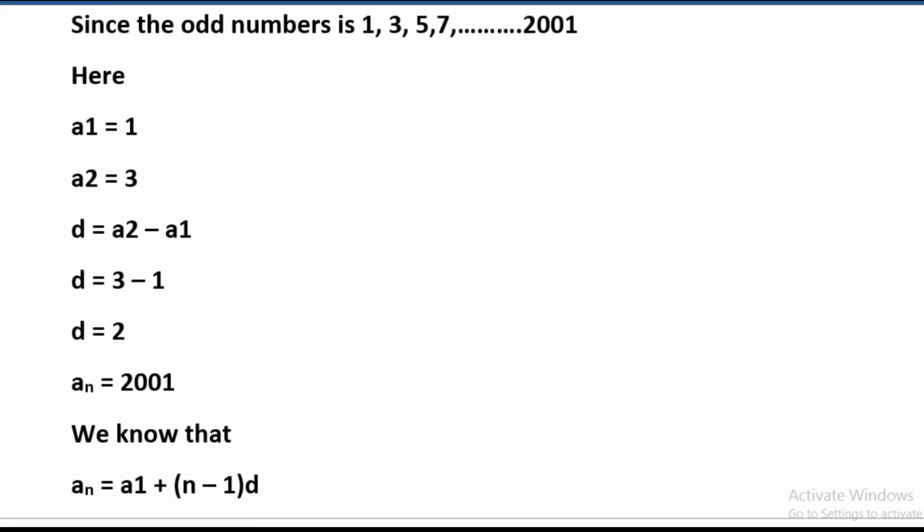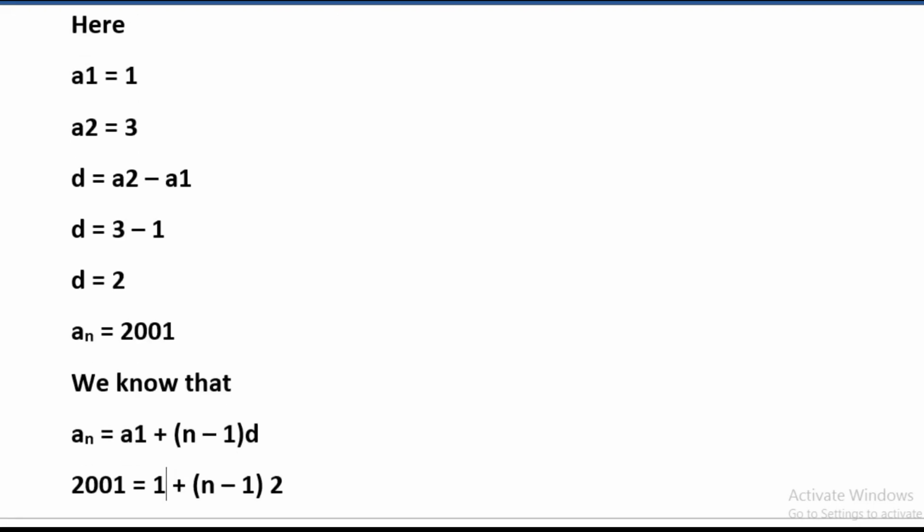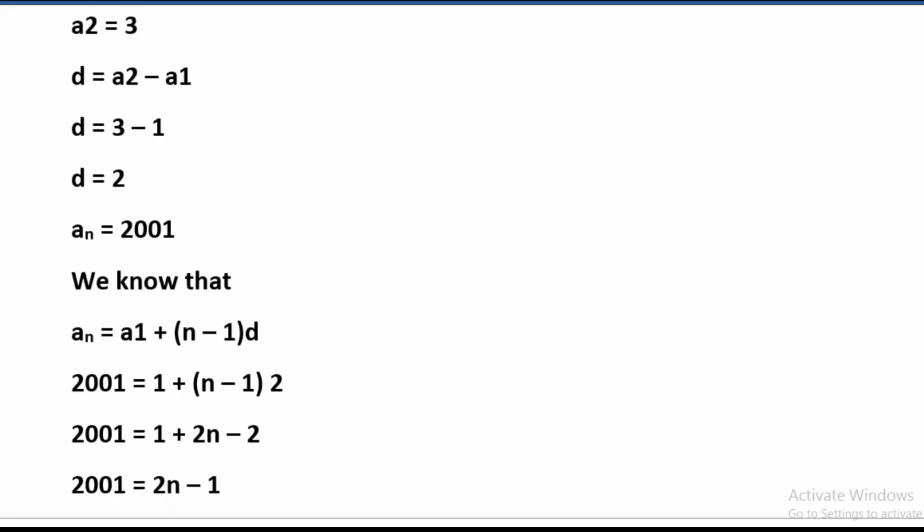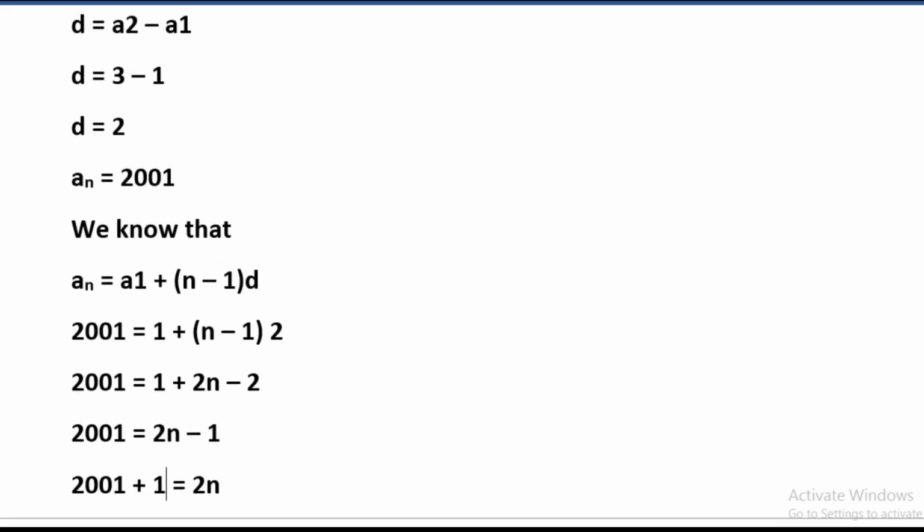We know that an is equal to a1 plus n minus 1 into d. So by putting the values of an, a1 and d, the value of an is 2001, which is equal to a1, that is 1, plus n minus 1 into d, that is 2. So 2n minus 2, so 2001 is equal to 1 minus 2, which is minus 1, so 2n minus 1.